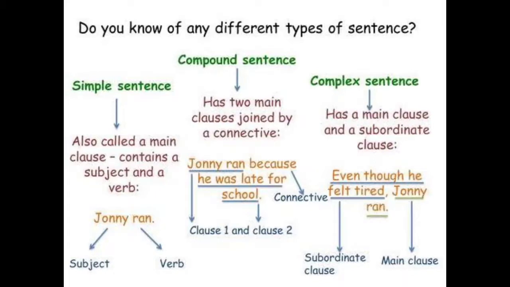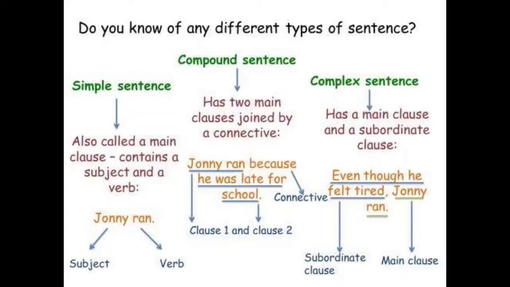Let's see the next, the complex sentence. A complex sentence contains one main clause and one or more dependent clauses, so one independent clause and one or more dependent clauses connected by a subordinating conjunction. See the example here. Even though he felt tired, Johnny ran.